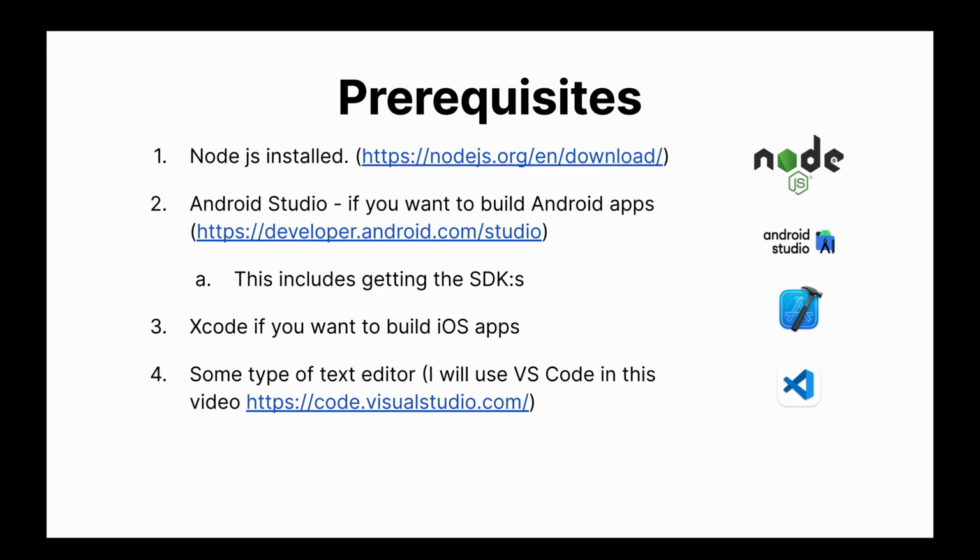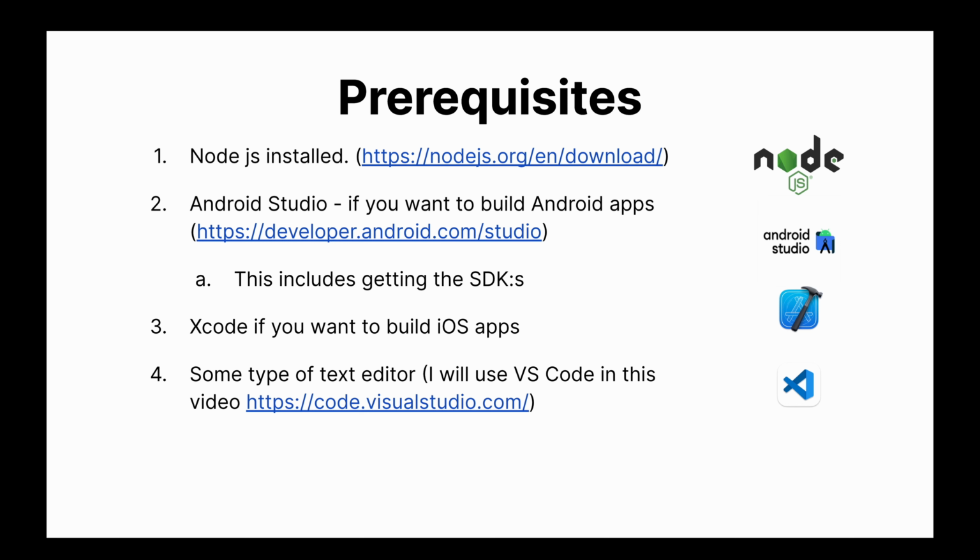You also need Android Studio if you want to build Android apps, so make sure to install that. If you want to build iOS apps, you need to be on a Mac and you need to install Xcode. And the final thing is it's great to have some type of text editor and a terminal.